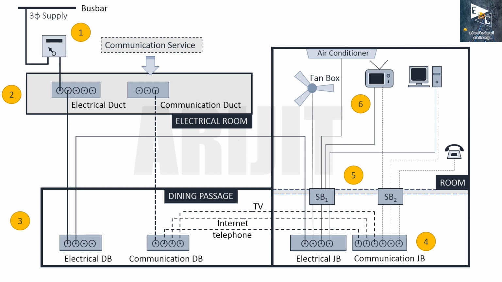Then from the JB, the rest is distributed to all electrical points via respective switch boxes, like the raw power points, lighting points, fan boxes, circular boxes, geyser points, exhaust fan points, and so many more as per the drawing. If you notice, from start to end, the electrical distribution is never mixed up with the communication service. To help you understand, I have represented them in a different pattern.